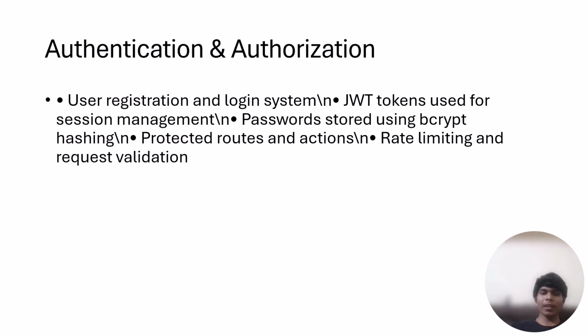Rate limiting and request validation. Authentication and authorization are very important nowadays as we need security, as this needs password management, password storage, and the ability to generate a strong password, etc.